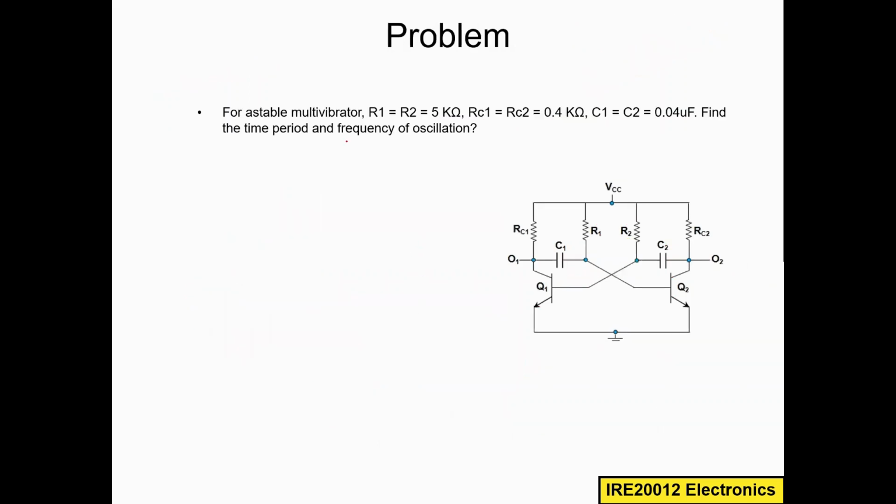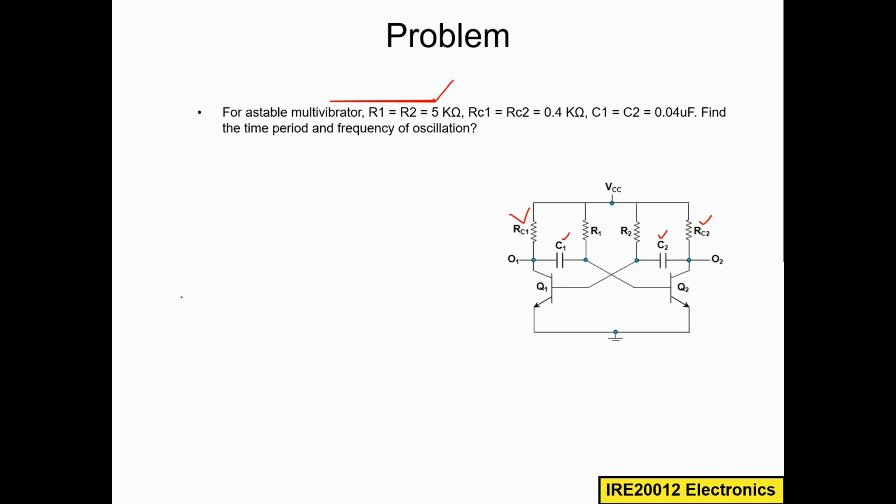Now one small problem for the astable multivibrator: R1 is equal to R2 is equal to 5 kilo ohms, RC1, RC2 is equal to 0.4 kilo ohm, and C1, C2 are 0.04 microfarad. Now find the time period and frequency of oscillation.